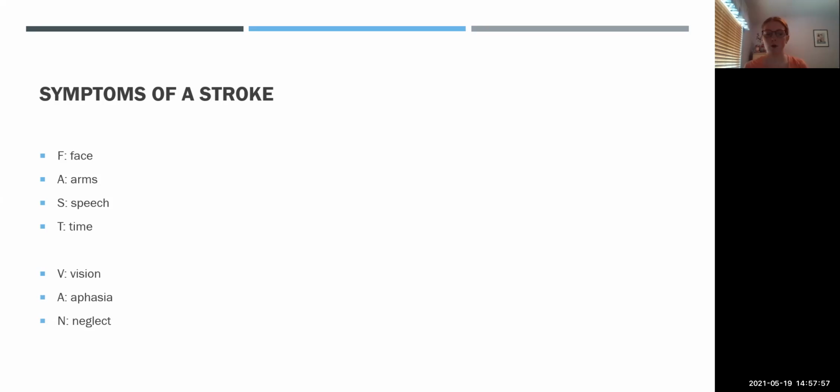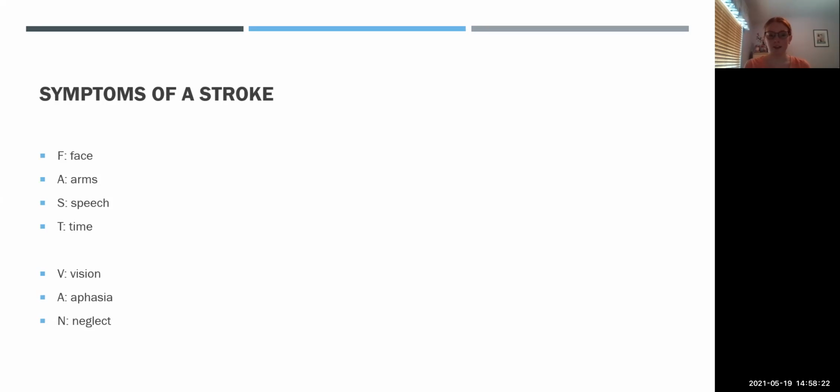For arms, when they hold their arms up, one arm tends to drift down. When they talk, they tend to slur their speech, so they sound intoxicated. And for time, every second counts, and it's important to call 911 immediately after the symptoms first start to appear.